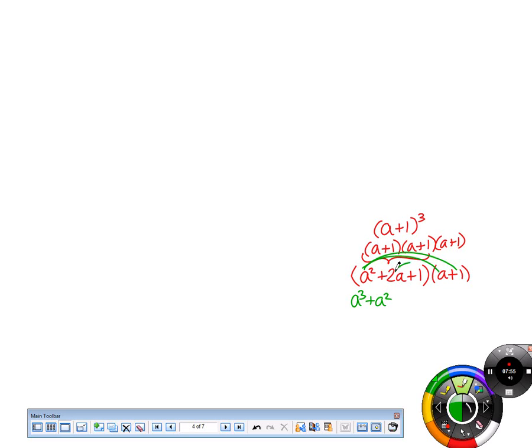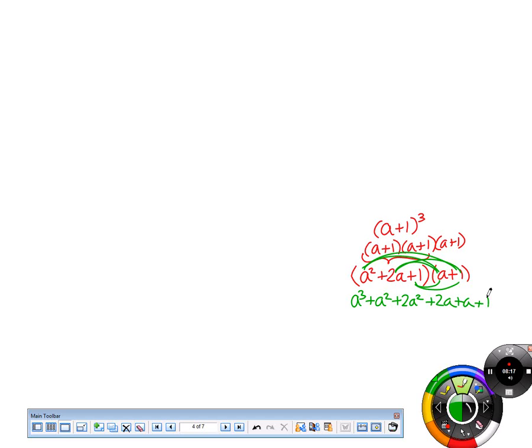Then let's say I take 2a and it multiplies a, and then it multiplies 1. Then I take 1, it multiplies a, it multiplies 1. Long, yes, difficult, not if you know how to distribute and multiply. So we'll take up some space on your paper, but not the most challenging, like, you're not going to have to think about it for 5 hours, you're just going to have to work through it real quick.